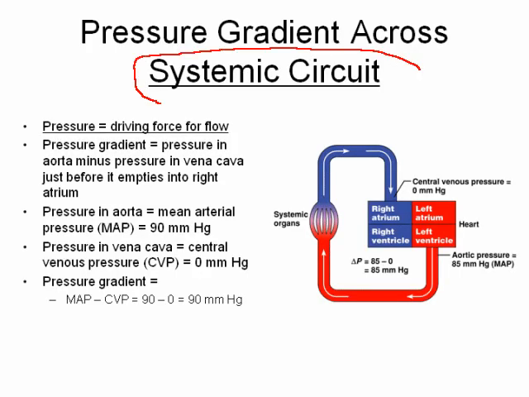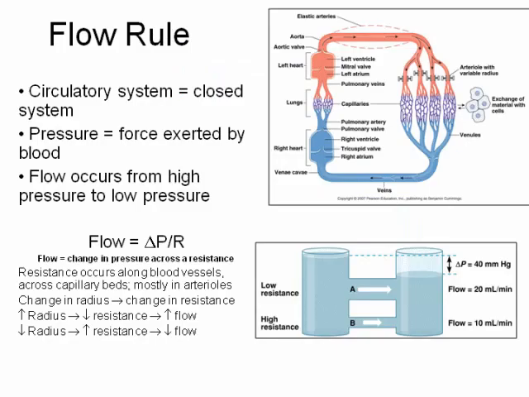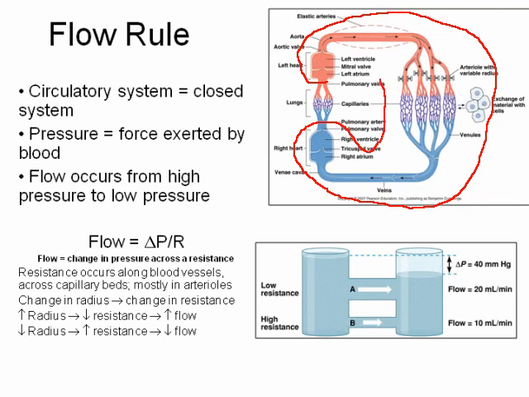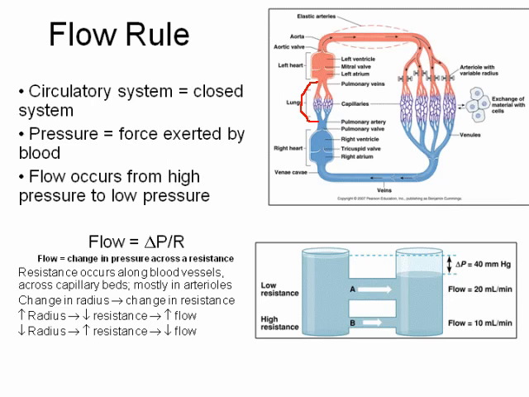So let's take a look at the systemic circuit. The systemic circuit, go back a couple of slides here, is this whole part between the left heart and the right heart. The pulmonary circuit is what exists between the right heart and the left heart.